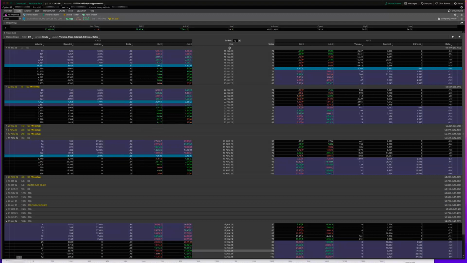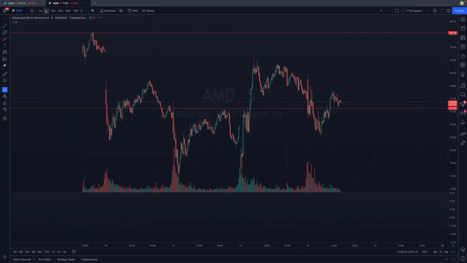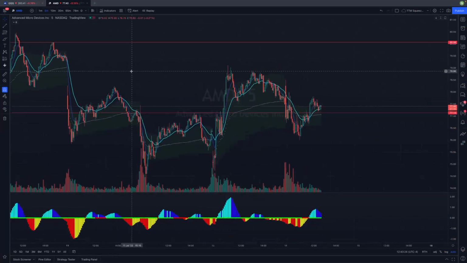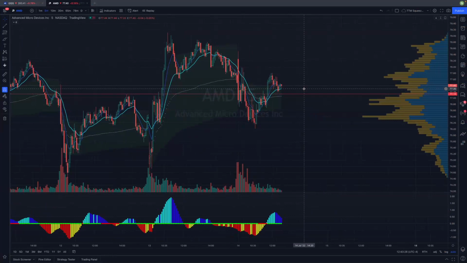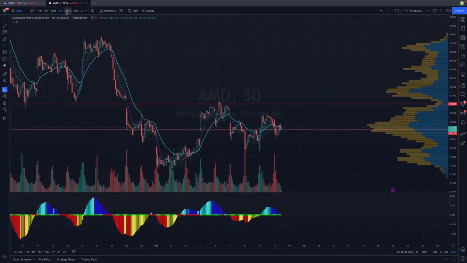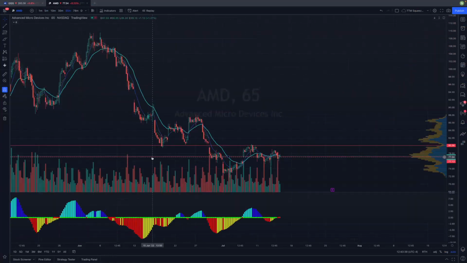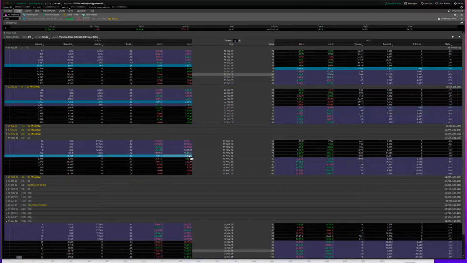Does that help? Conversely, let's say I'm playing AMD on a 5-minute chart, a shorter time frame, and I could only spend $800 on a trade. On the 65-minute, if I'm going to spend $800, I could buy one contract.